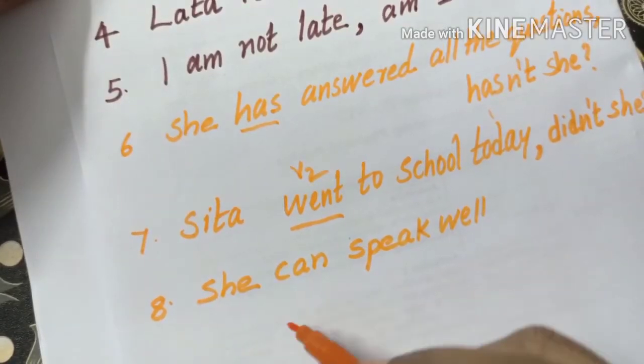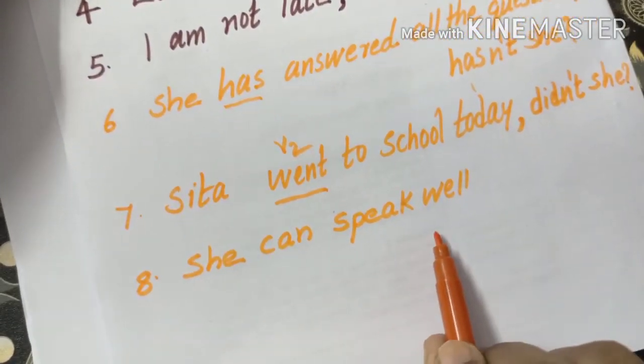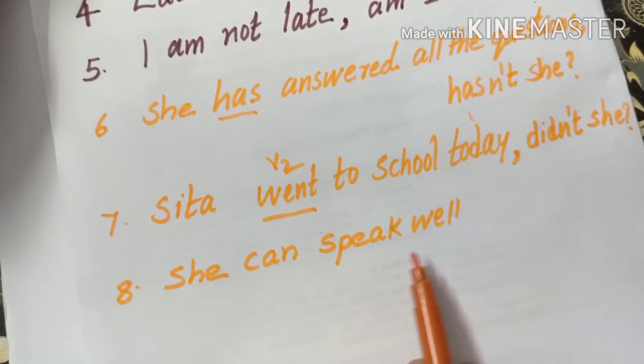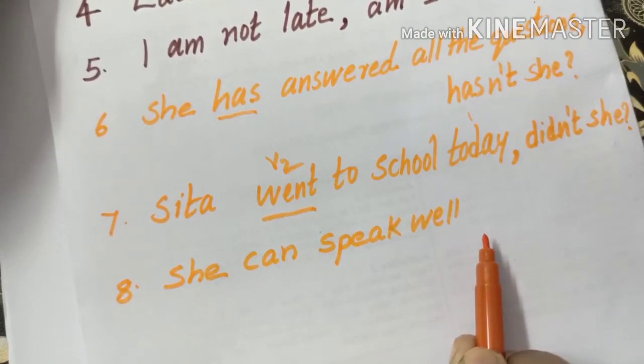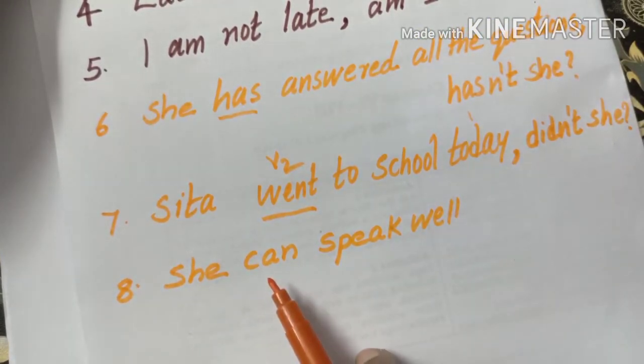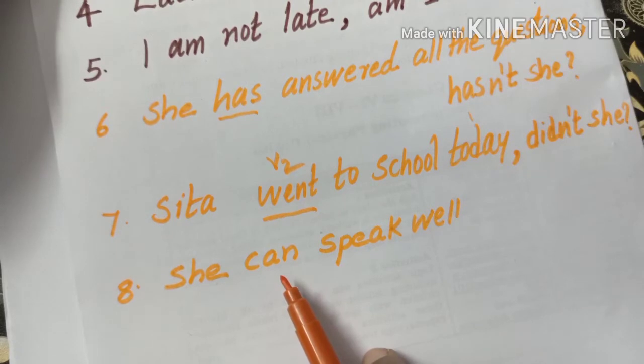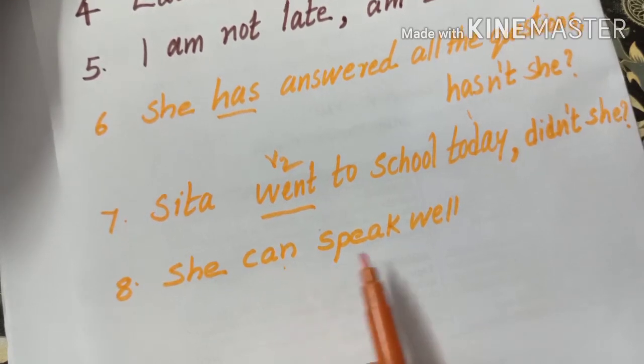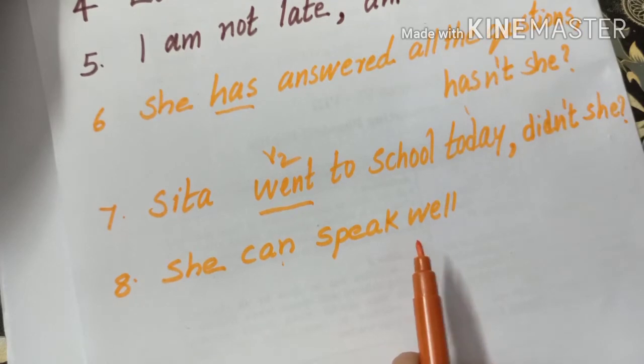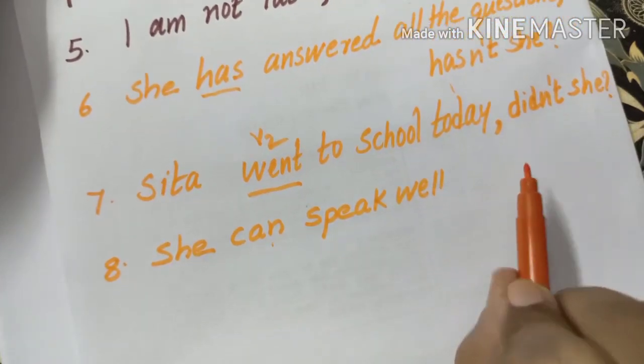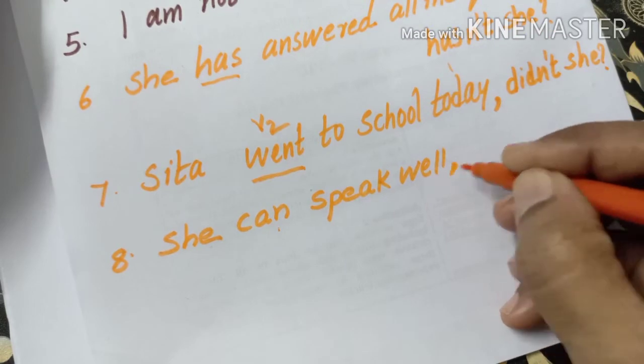Okay, now look at this sentence. She can speak well. Okay, here also the sentence is positive. Is the auxiliary verb given or not? Yeah, it is given. What is the auxiliary verb? Can. So, it is positive and the tag should be negative. So, it is quite simple.